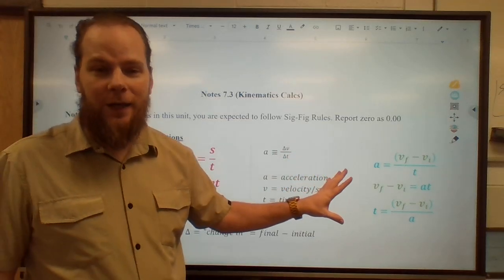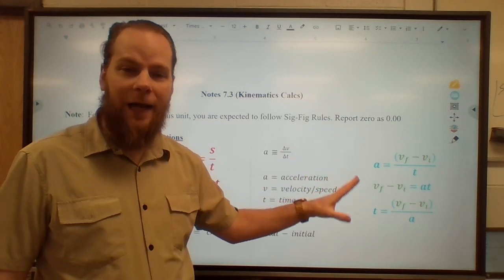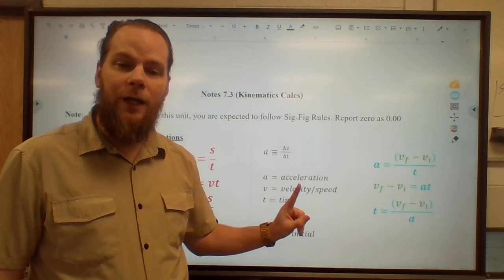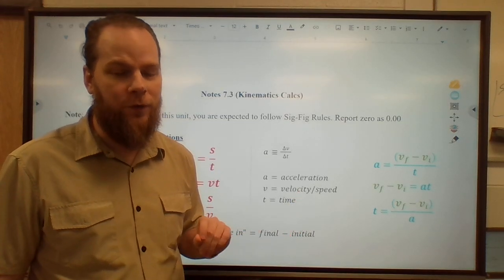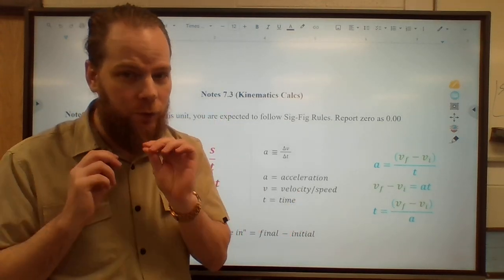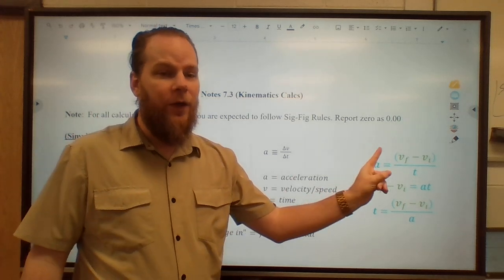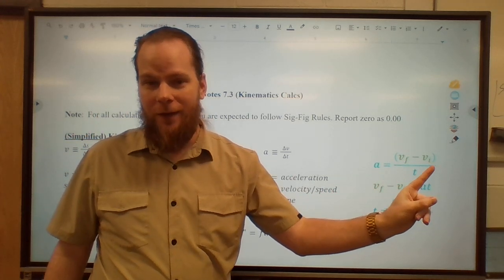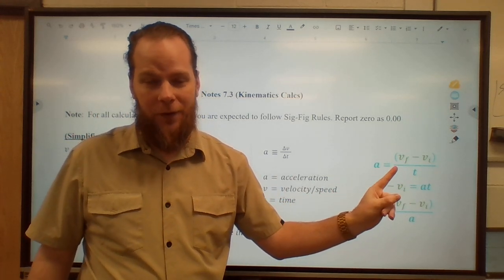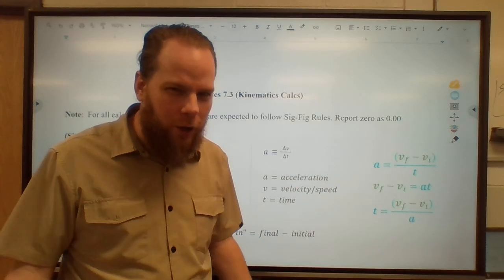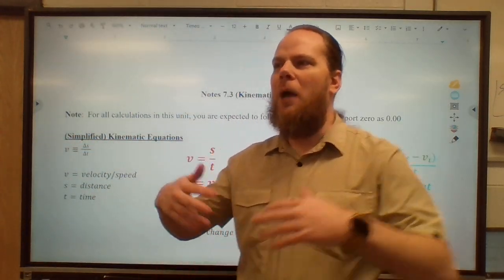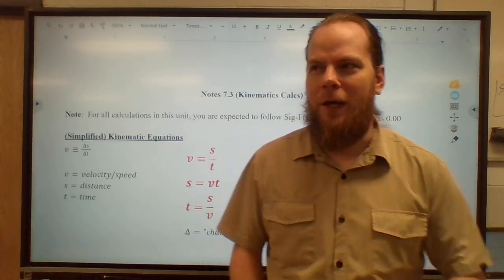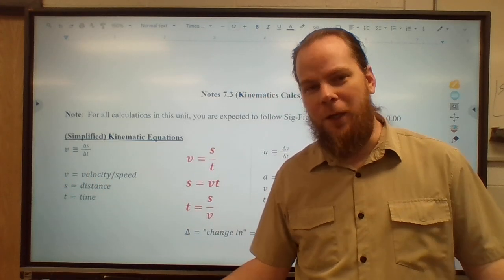So that's going to be the main thing here: you're going to have to not only identify your acceleration, your velocity, and your time in your questions, you have to distinguish between the initial velocity and the final velocity, which isn't that hard if you're paying attention to the context of the question. Say I'm traveling at 15 meters per second. I hit my brake. How fast am I going?